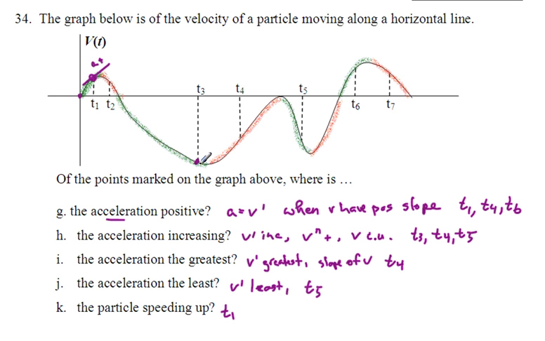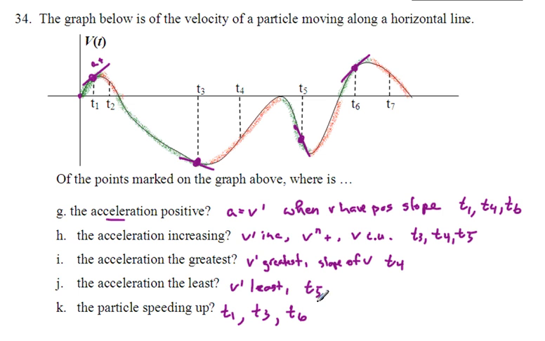Our next one that fits in here is T3. And if we look at T3, notice my velocity is negative because it's below the x-axis, and my slope is also negative, same sign. Same thing with T5. My velocity is negative and my slope is negative. And our last one at T6, my velocity is positive and my slope is also positive.